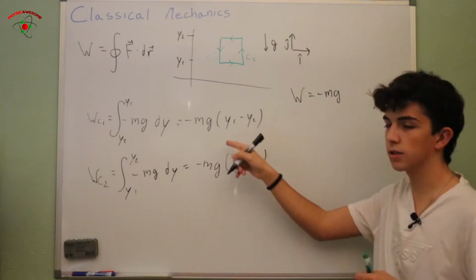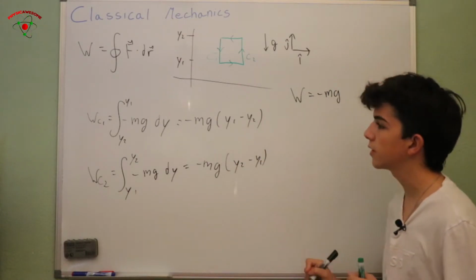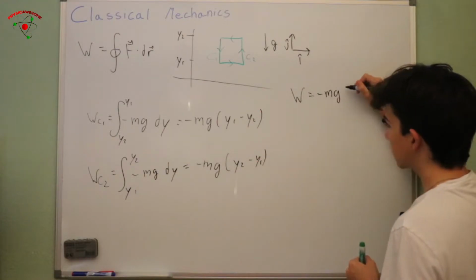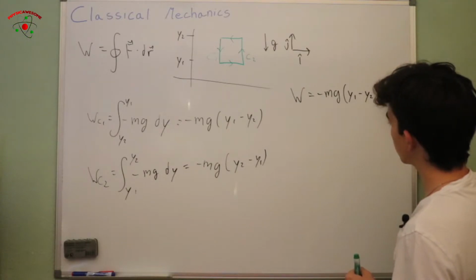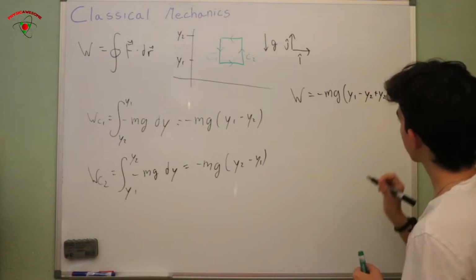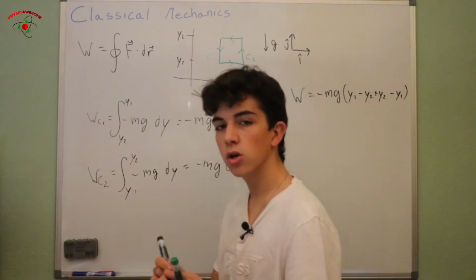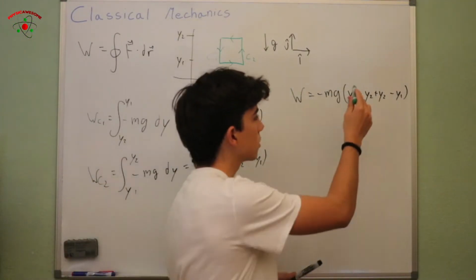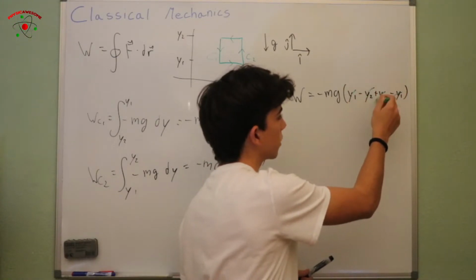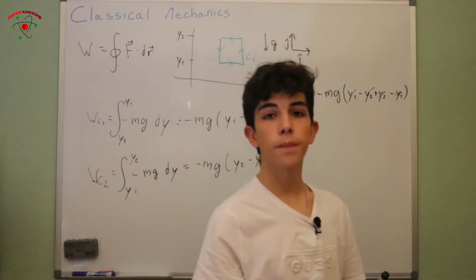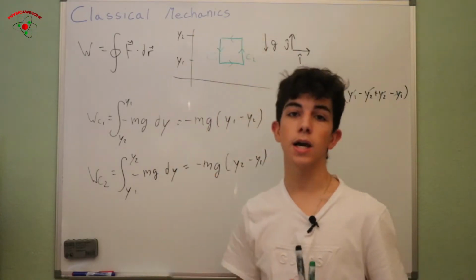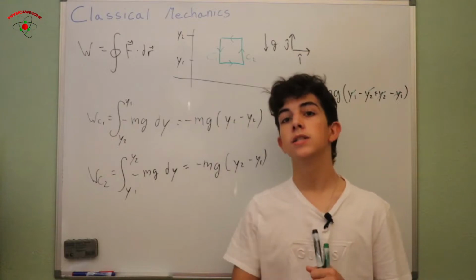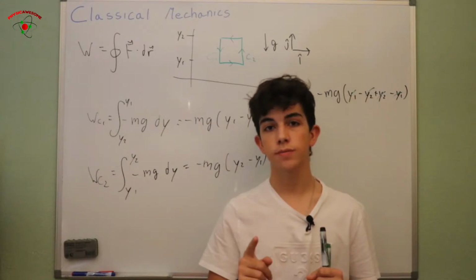Let's take that common product out of the sums, and we're going to have y1 minus y2 plus y2 minus y1. And as we can see, all of these components cancel. This one with this one and this one with this one. Therefore, what we have found is that a closed trajectory in a gravitational field doesn't do any work.